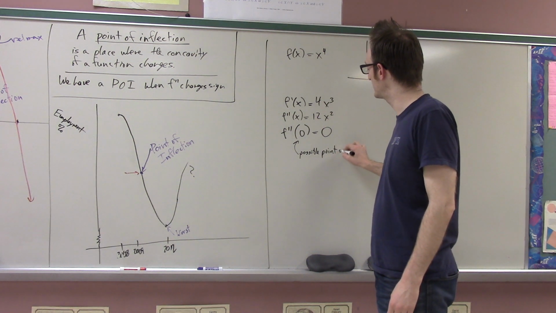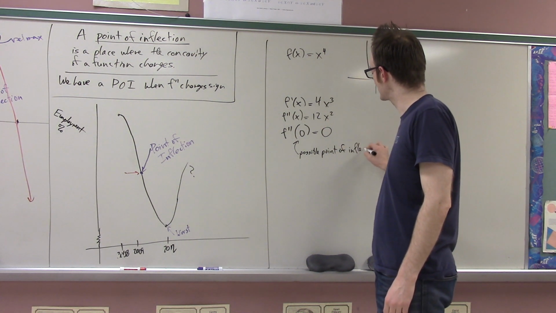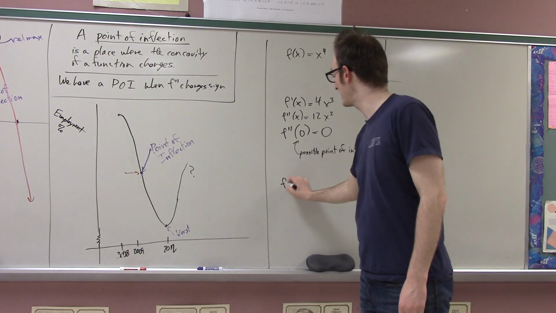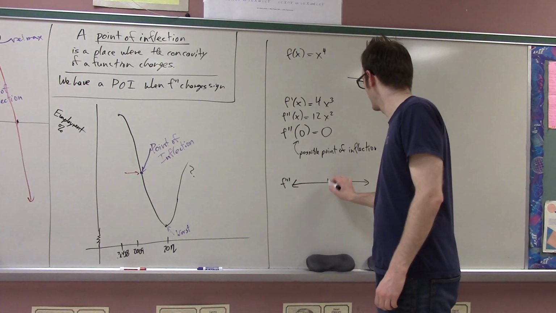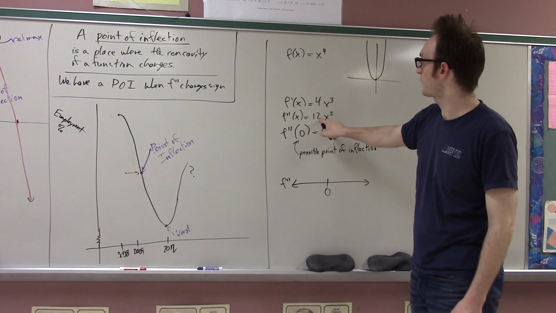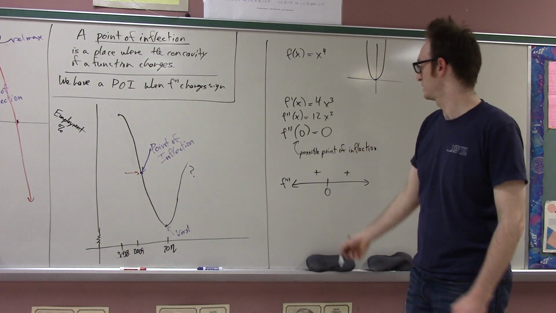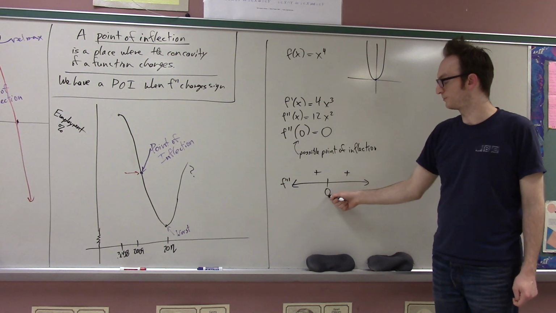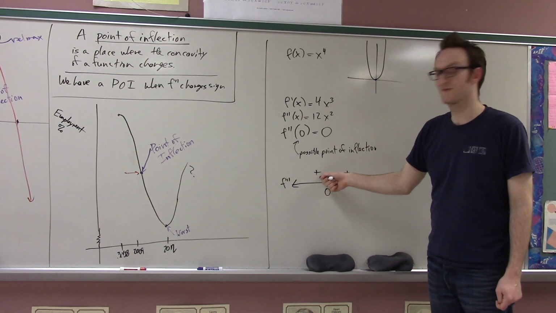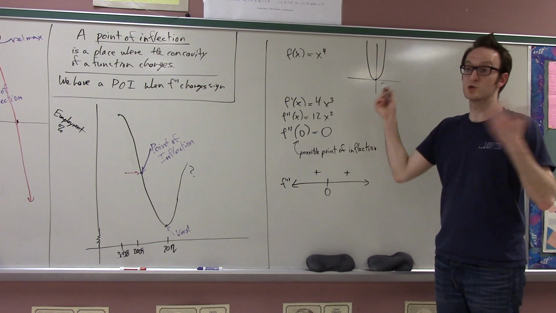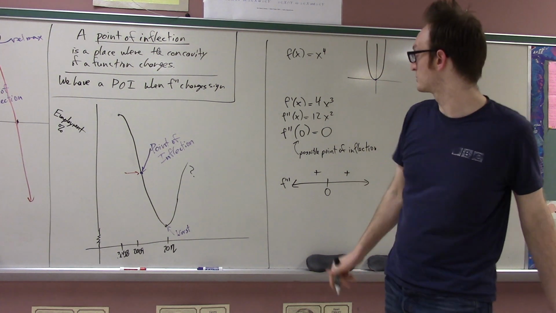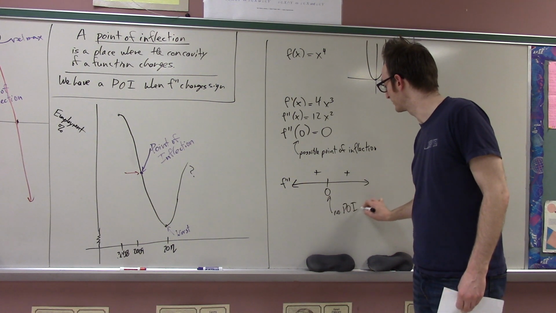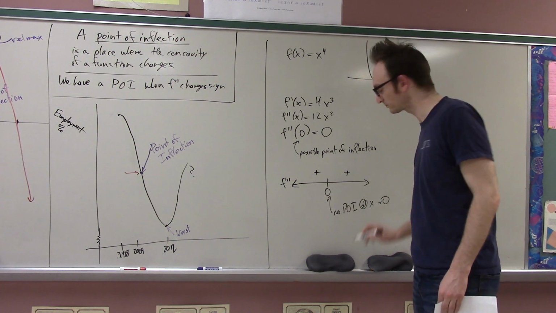But just because the second derivative is 0 does not mean that it is a point of inflection. If you make the sign chart for f double prime, you see that 12x squared is positive on both sides. So indeed, even though the second derivative is 0 at 0, it's concave up to the left and concave up to the right. So there's no change in concavity. So there's no point of inflection at x equals 0.